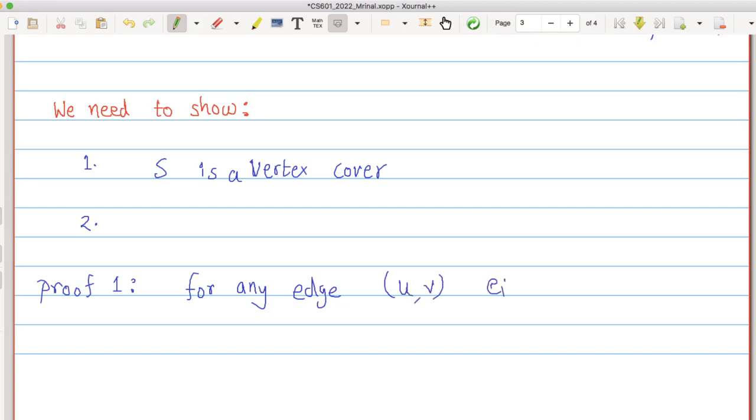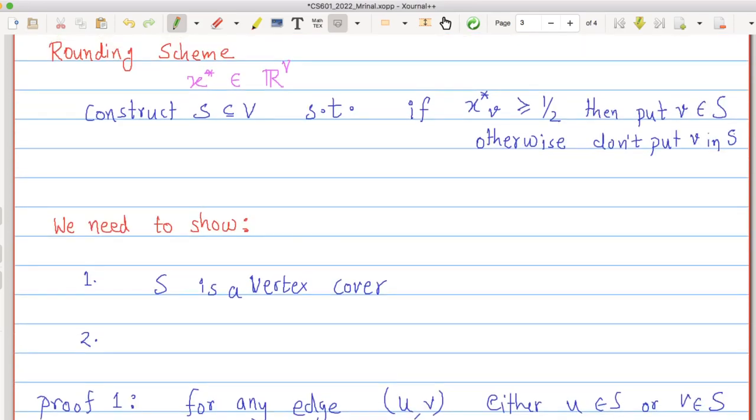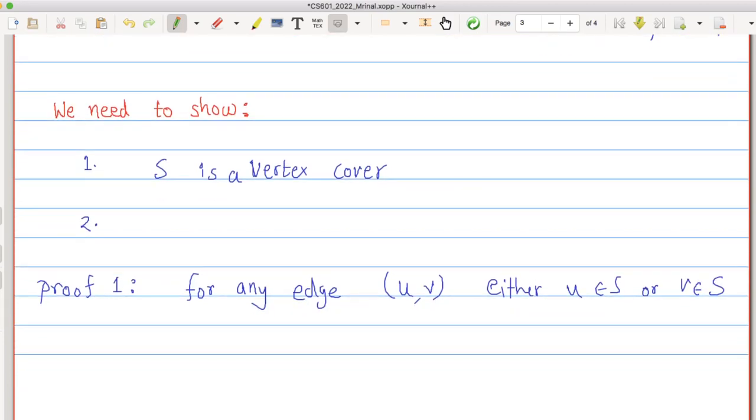So either u is in S or v is in S, right? That's what we want to show. So how do we show that? So this is equivalent to showing that either x star u is greater than or equal to half or x star v is greater than or equal to half, right? So how do we show that?